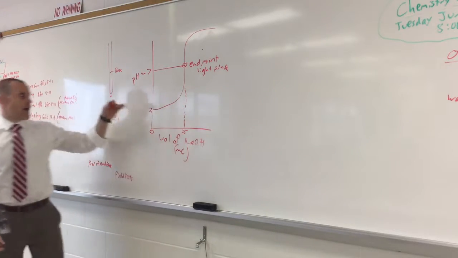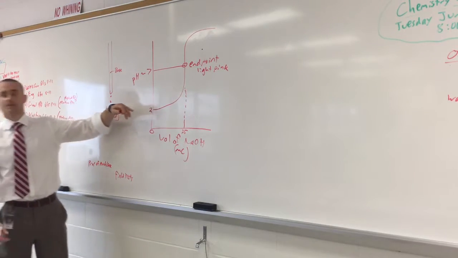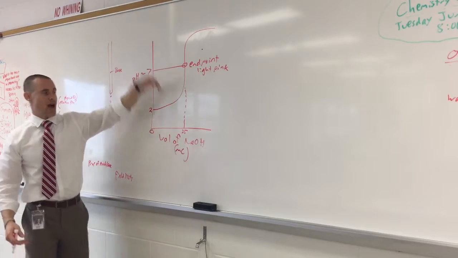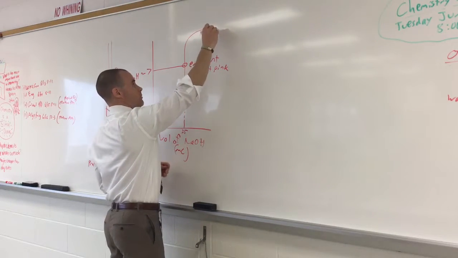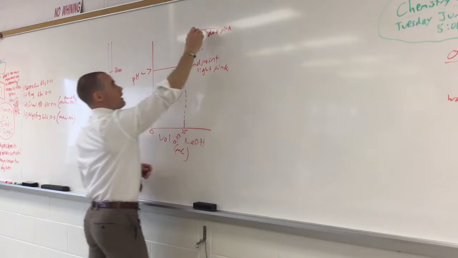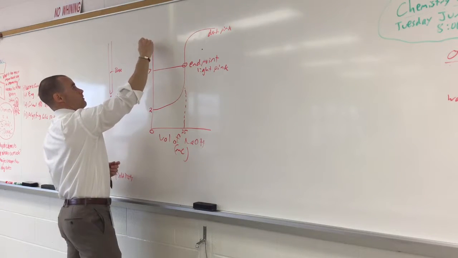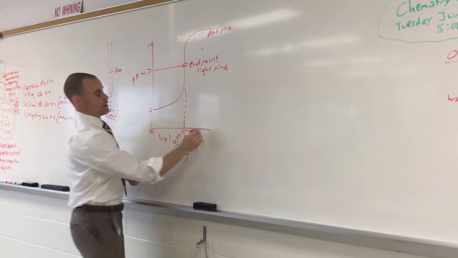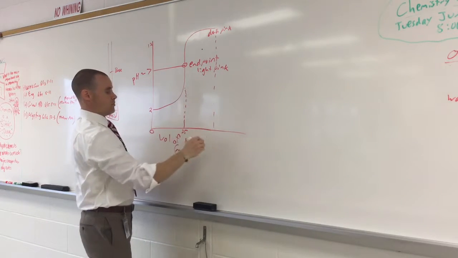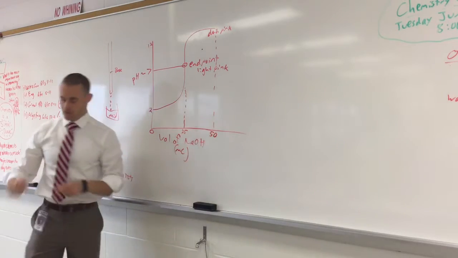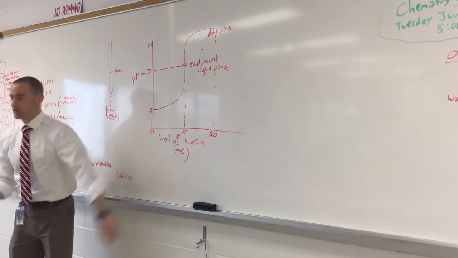Then if we keep adding more base, the pH rises because you're adding more and more base. It gets dark pink. So up here would be our dark pink color, okay? And let's say that pH here is like a 12. So then if I extend this, let's say we add, I don't know, whatever you think that would be. Let's just say 50 milliliters. I know it's not perfectly spaced.